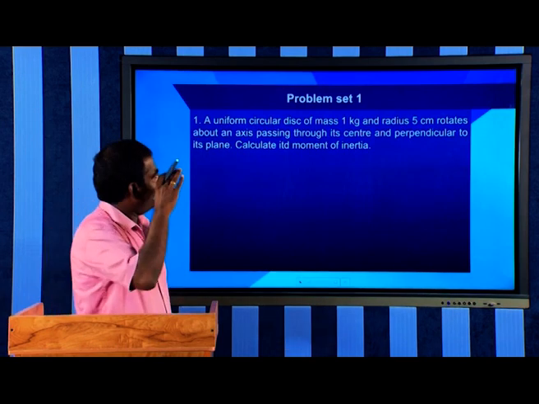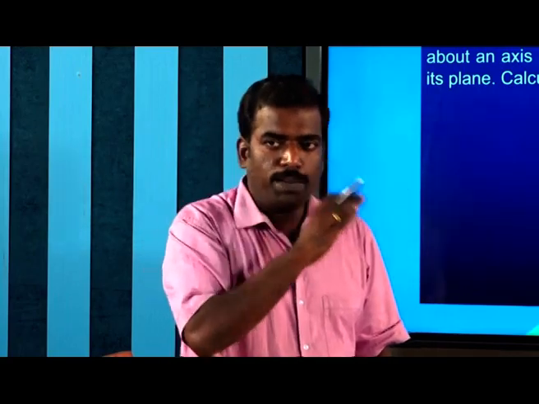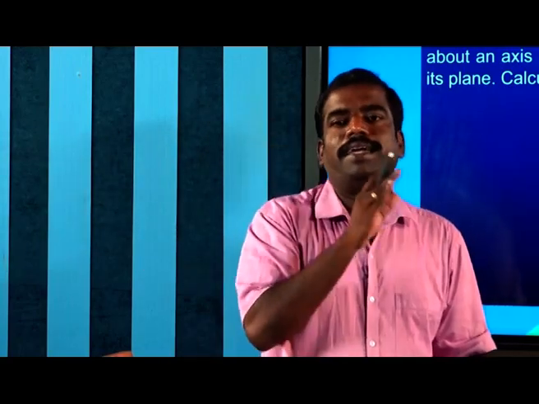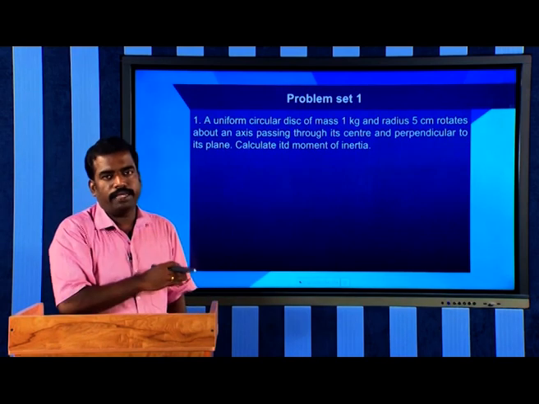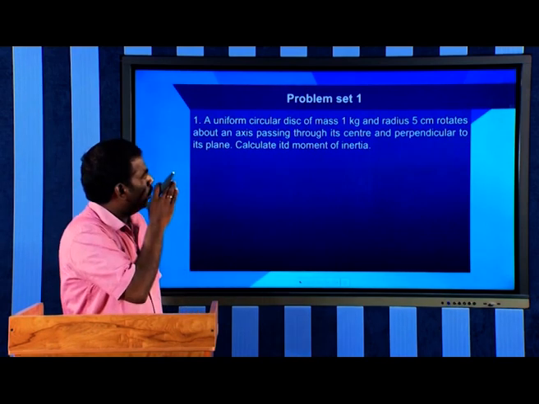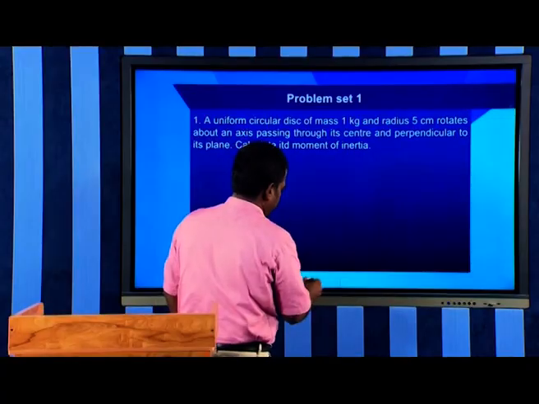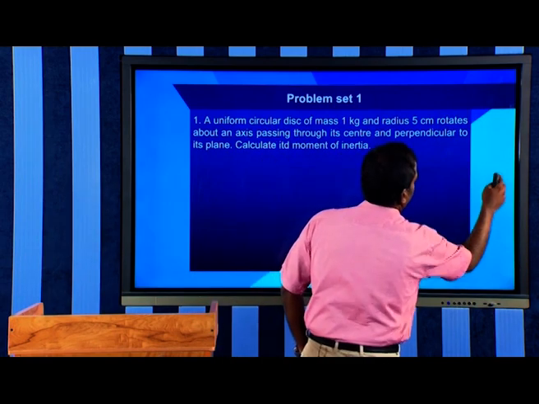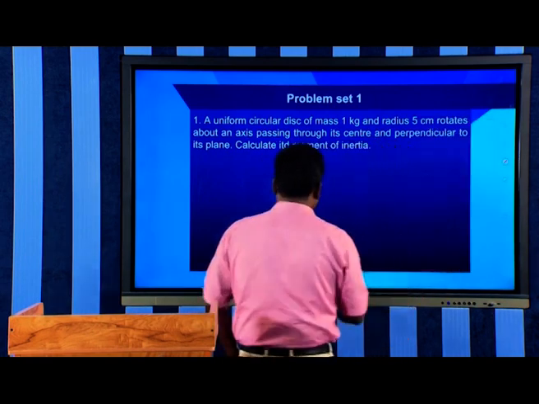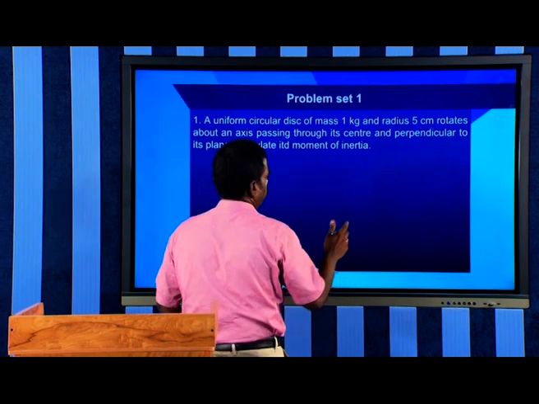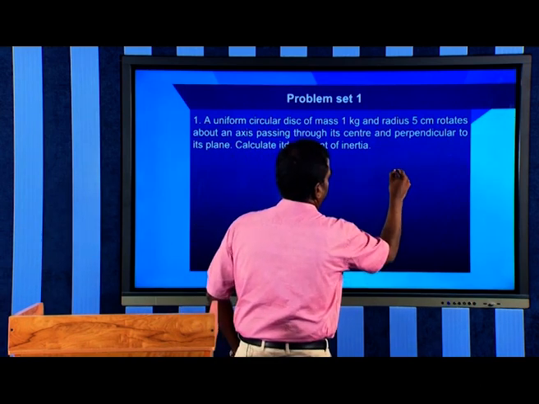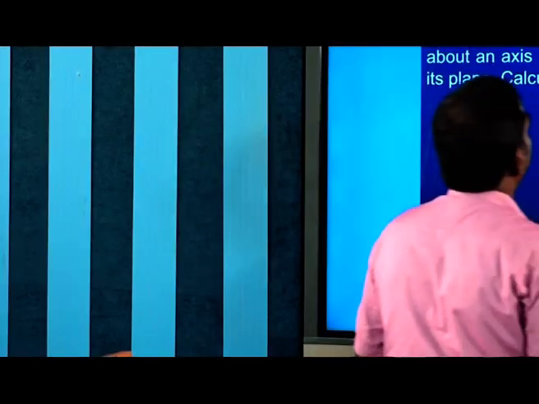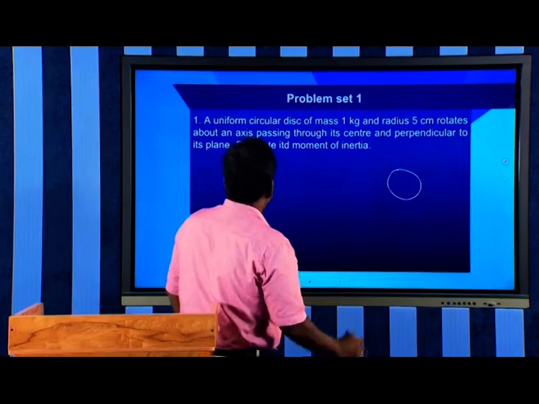Just read the question in a relaxed mode, and first, importantly, write the data which is available in the question. First you have to imagine there is a uniform circular disc. Its mass is 1 kilogram.